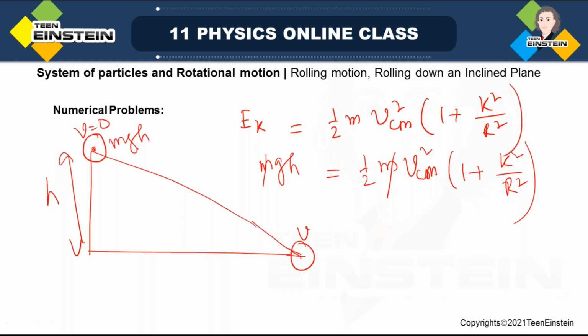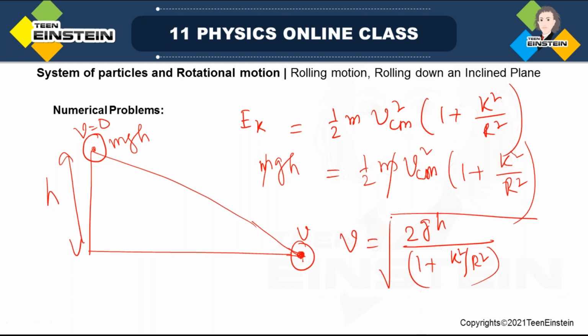If it starts from rest and rolls down up to the ground, then V square is equal to 2 g h over 1 plus k square by r square. If I write only the velocity, it will be the square root of this.